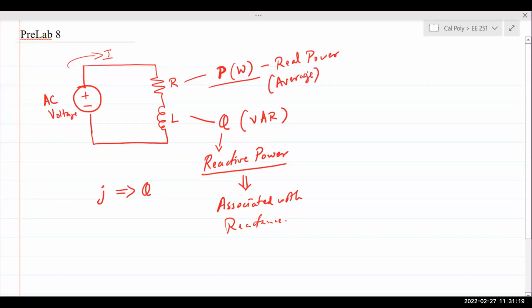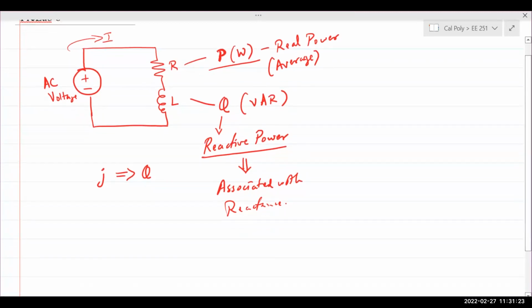So think of this as a combined load where you require P as well as Q. P plus jQ, where Q is multiplied by the imaginary number J, is referred to as S, where S is total complex power.